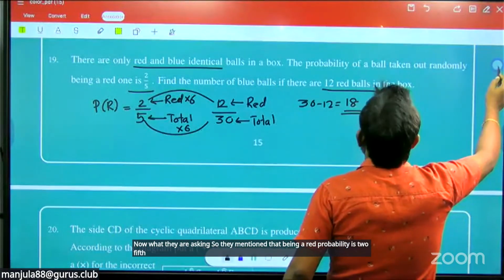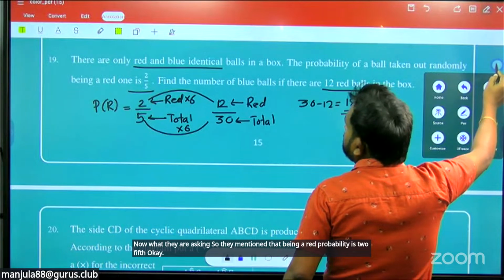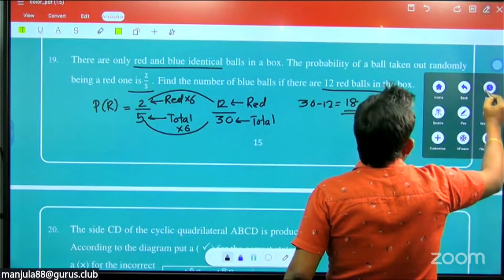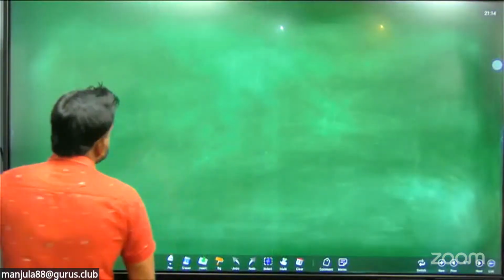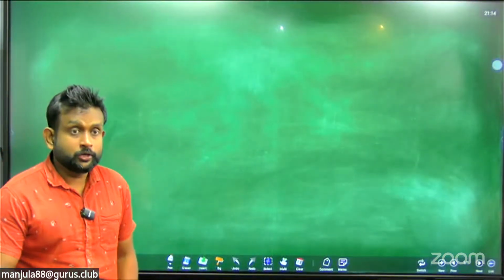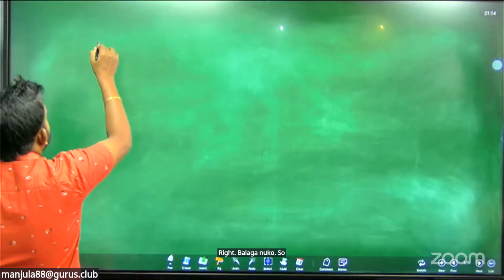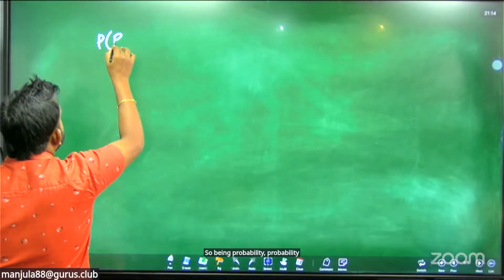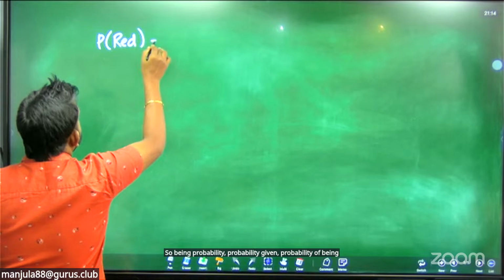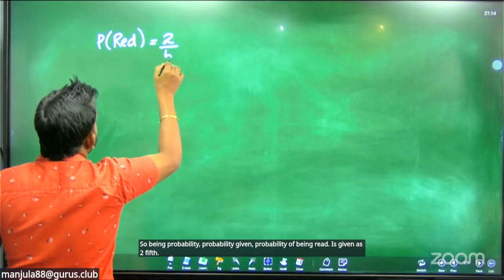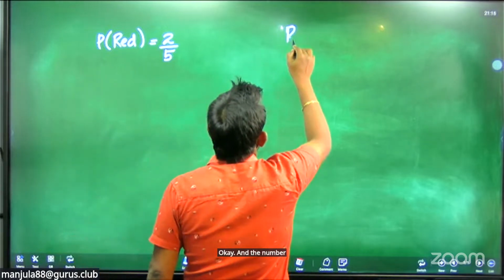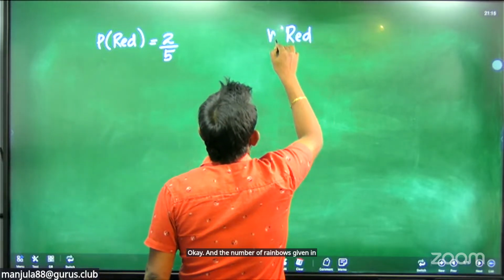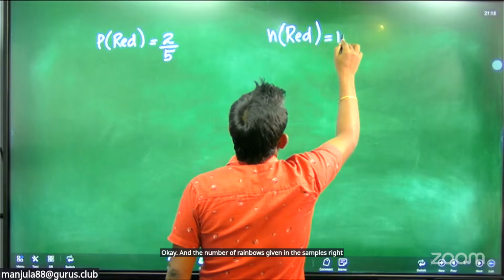Now what they are asking: they mentioned that the probability of being red is 2/5. The number of red balls given in the sample is 12.